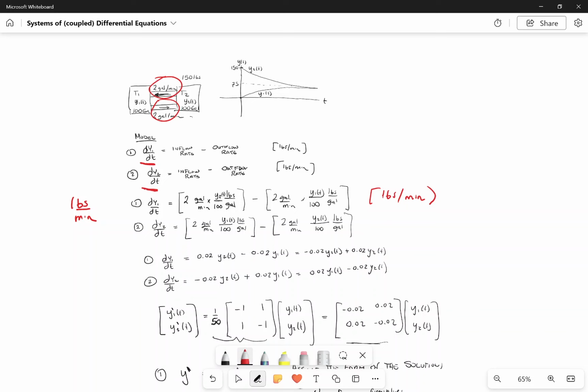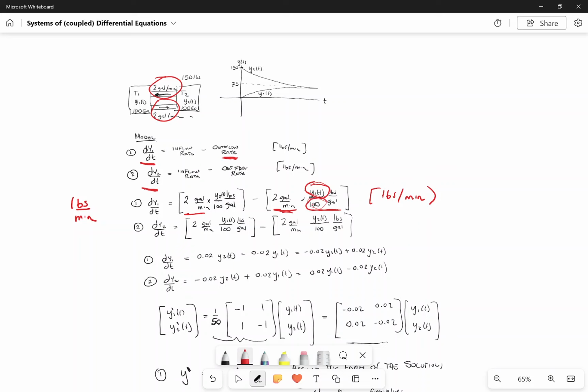In order to convert to pounds per minute, we had to multiply by pounds per gallon. And where do we get that? Well, for the outflow rate from y1, we have y1 pounds in tank 1 dissolved in 100 gallons, going out at 2 gallons per minute.